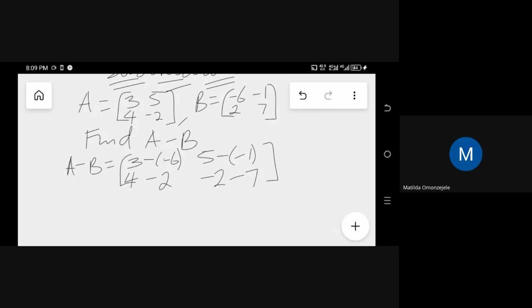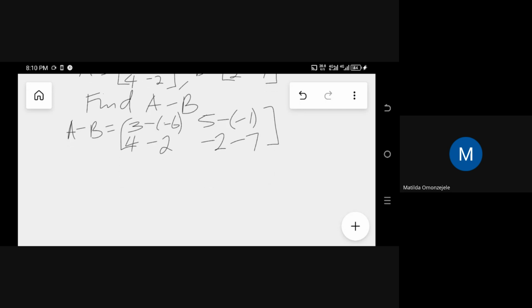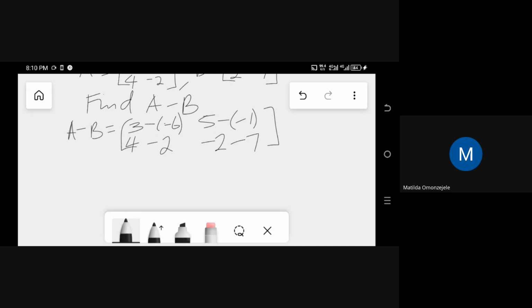For the first one, we have 3 minus minus 6. Then we proceeded to say 5 minus 1. Then subsequently, we did say 4 minus 2, that's for the second row. Then lastly, we said minus 2 minus 7. So let's see the results that this gives.